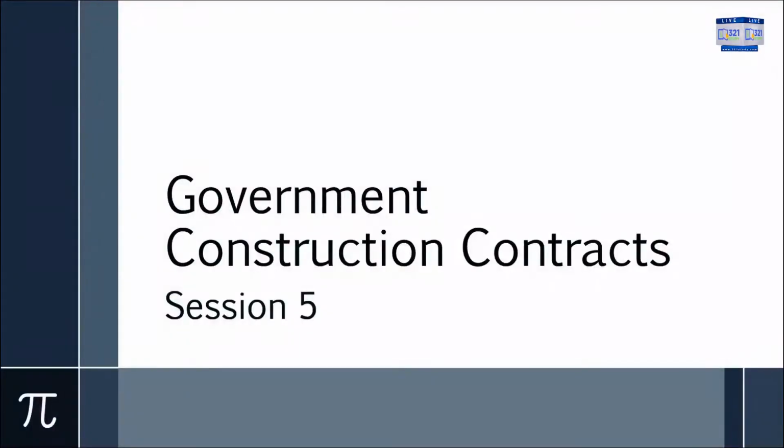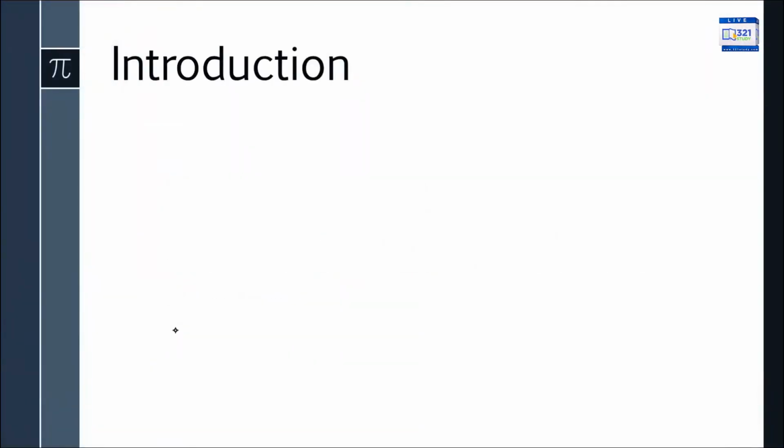And now let us go into a new topic as we discuss government construction contracts. Of course, we are going to first of all look at the background of awarding contracts themselves before we really talk about the accounting for contracts.